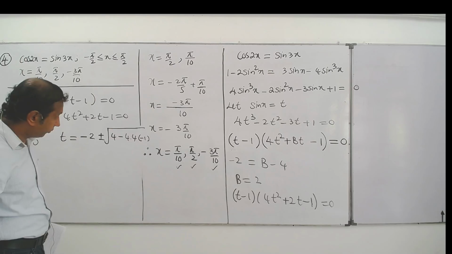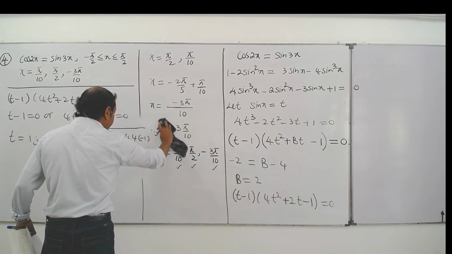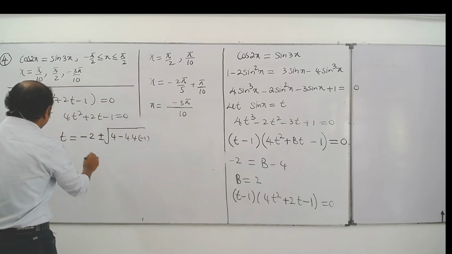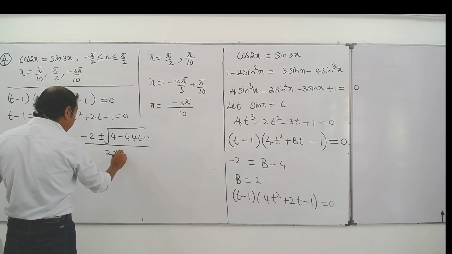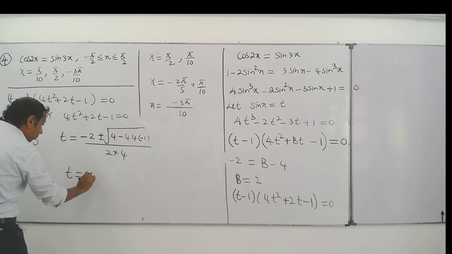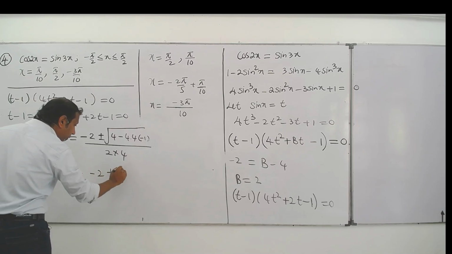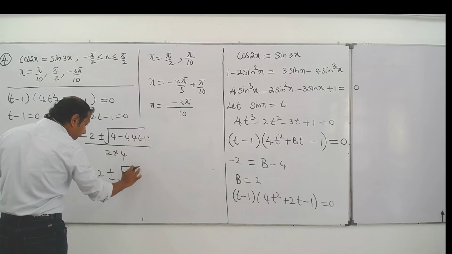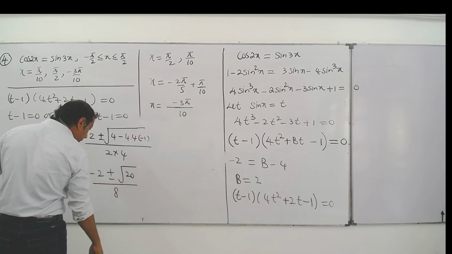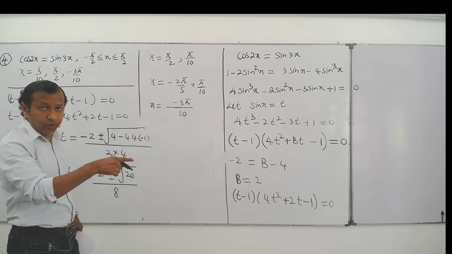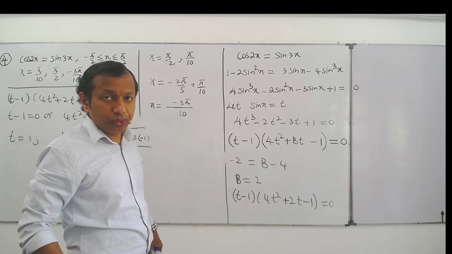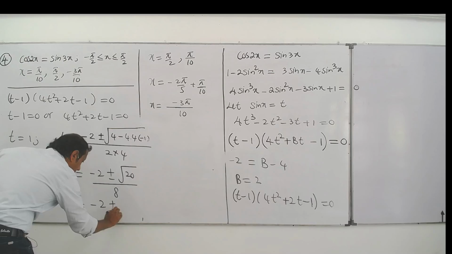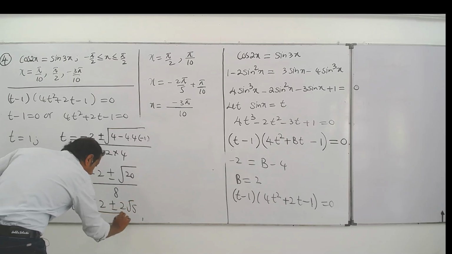Divided by 2 times a, 2 into 4. t equals minus 2 plus or minus square root, here plus 16 plus 4, 20. Here 8. The root of 20 is 2 root 5. t equals minus 2 plus or minus 2 root 5 over 8. Okay.